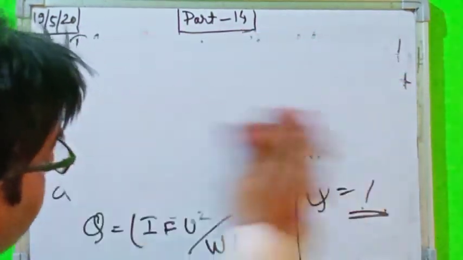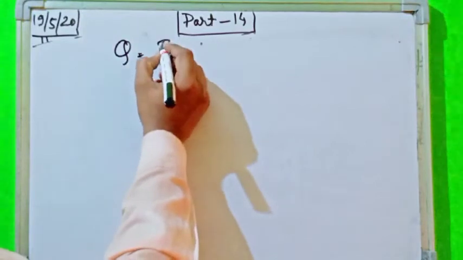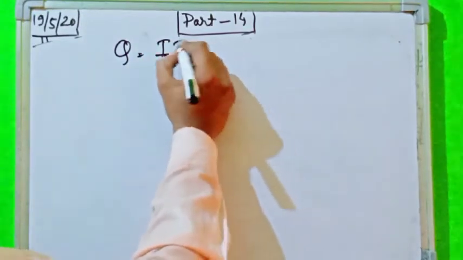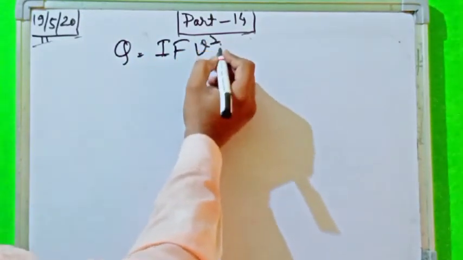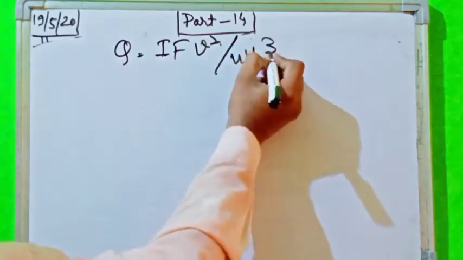So look here. First of all, I am writing the formula. Q is equal to I F V square upon W L cube.